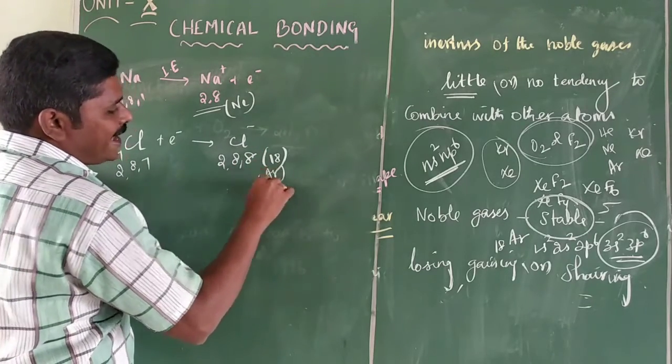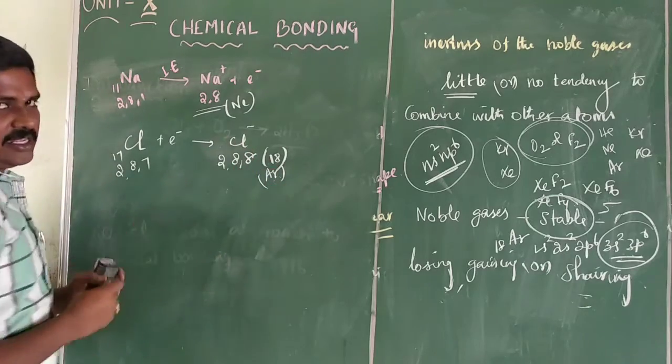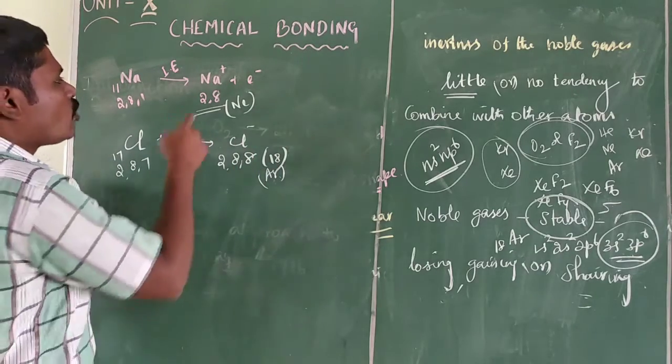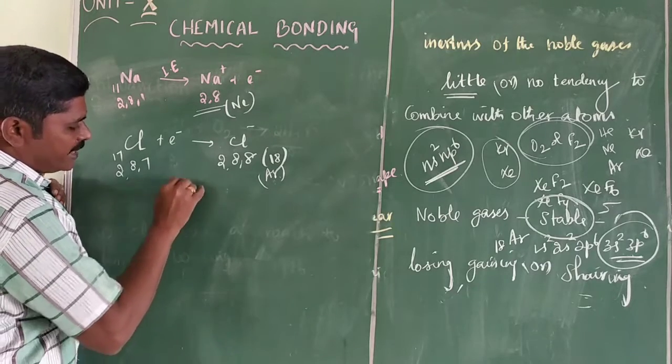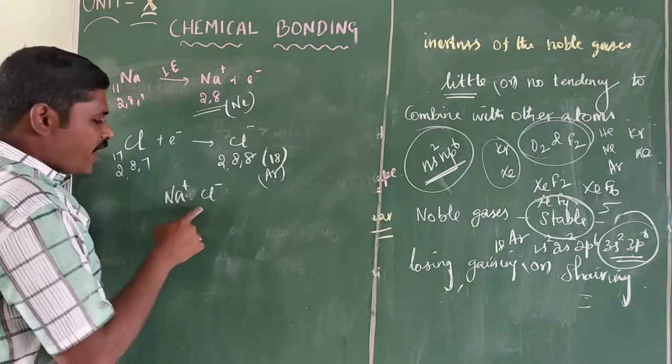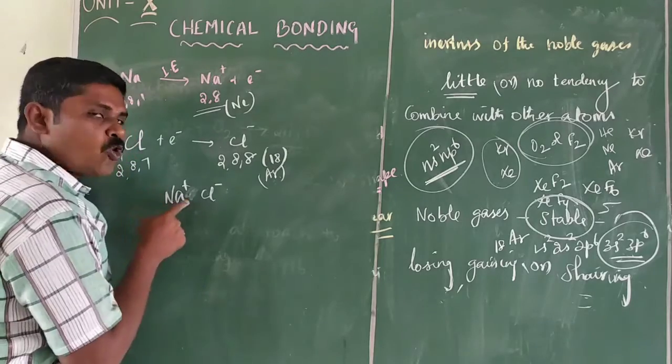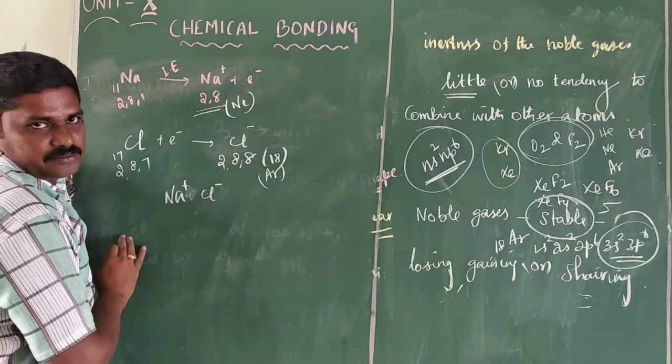So Na plus and Cl minus combine to give the compound sodium chloride.